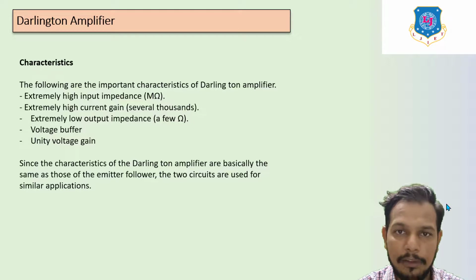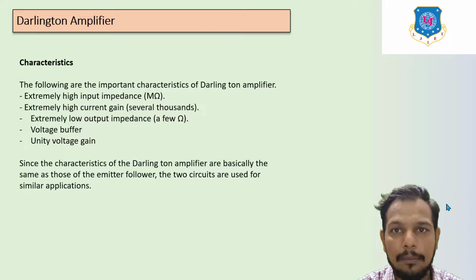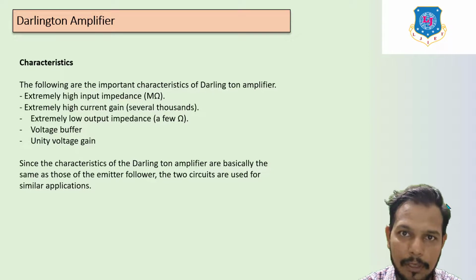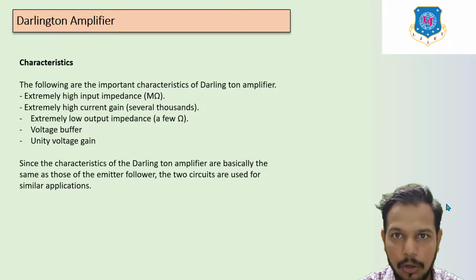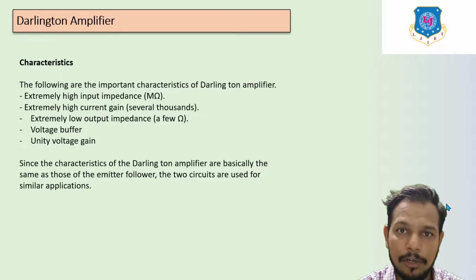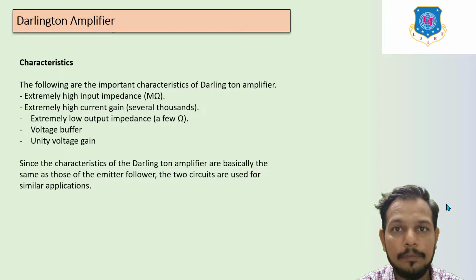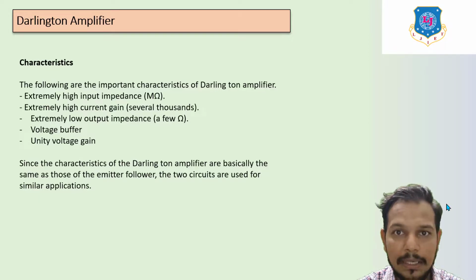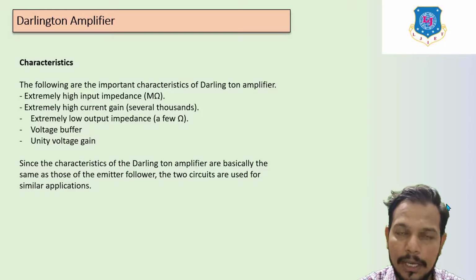Whenever you need current amplification, you just have to use the Darlington amplifier, which is basically the CC configuration, or the emitter follower. Whenever you need voltage gain, you have to use the CE configuration, which we discussed already, the multi-stage CE amplifier.